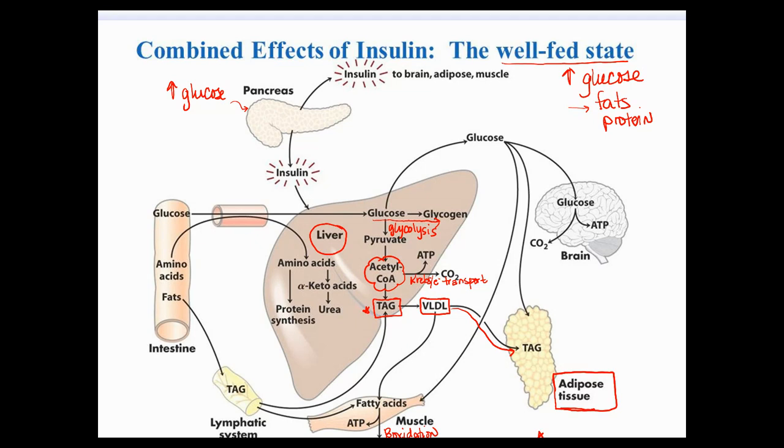Well, glucose will go to the brain as the primary fuel for the brain to produce ATP through glycolysis, citric acid cycle, and electron transport. So most of the sugars that we eat go to power the brain.